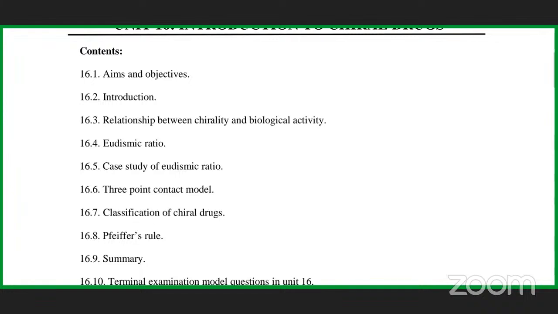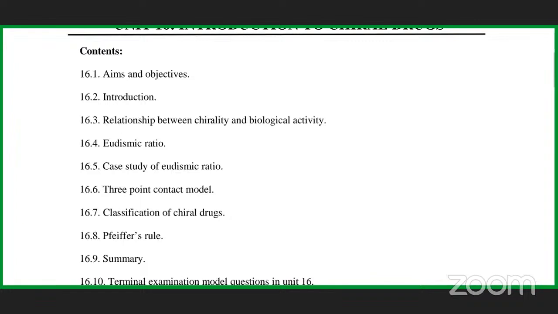What are isomers? Isomers have the same molecular formula but show different physical and chemical properties. This difference in properties is due to the orientation, the position of the groups.